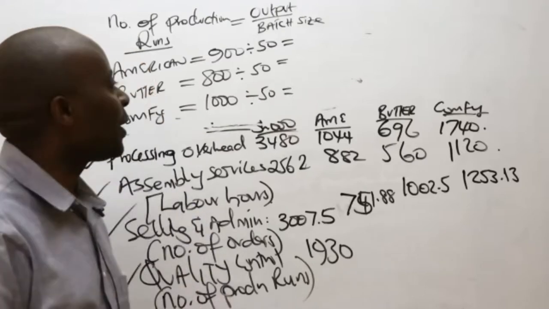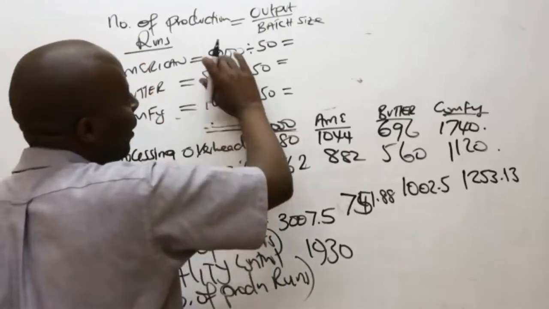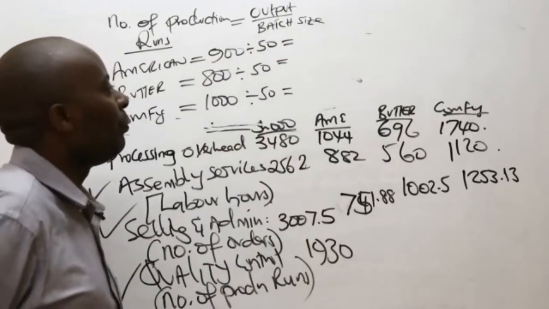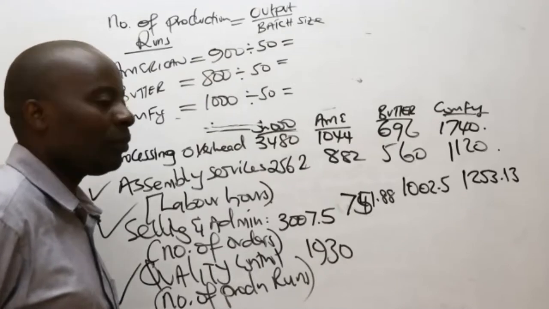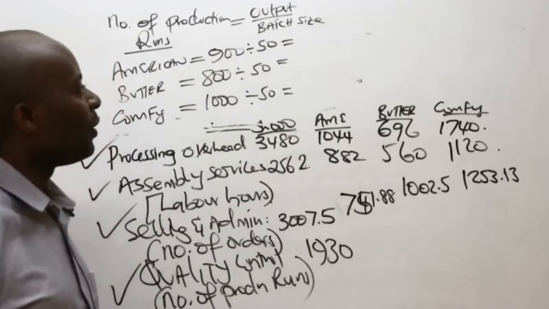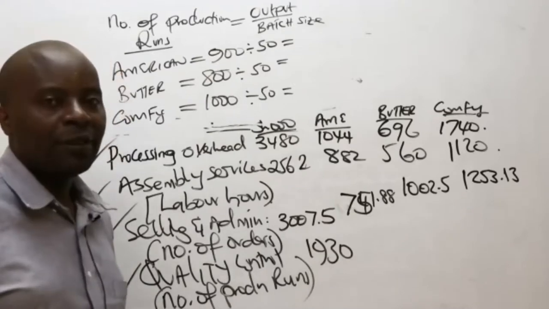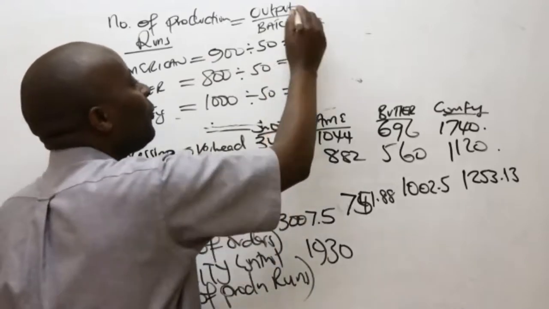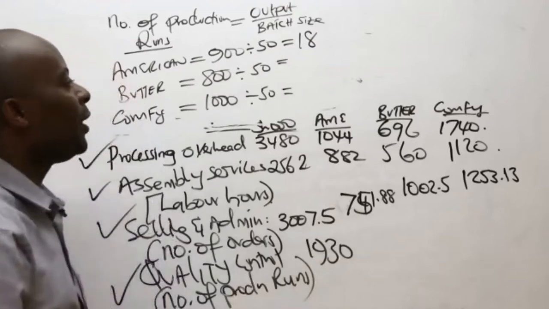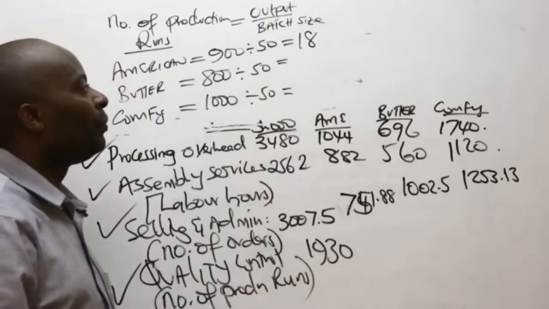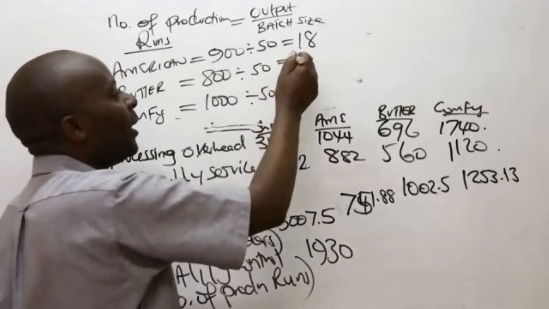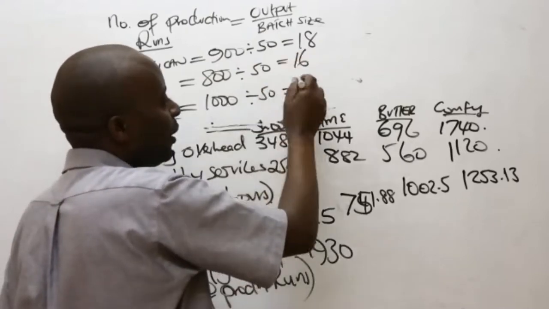So 900 divided by 50 gives 18. 800 divided by 50 gives 16. And 1,000 divided by 50 gives 20.